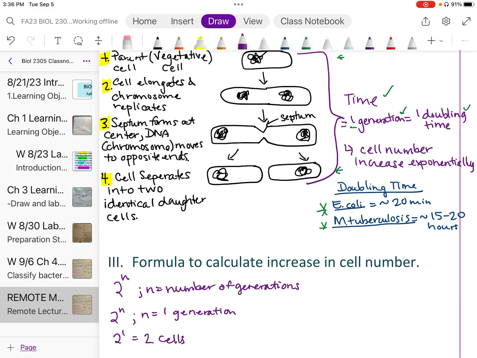So generally, when you complete this, you're always going to write this number in scientific notation. So go ahead and write this out, scientific.